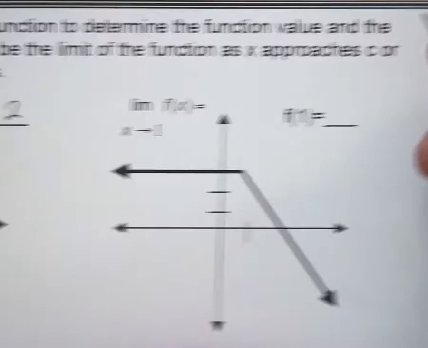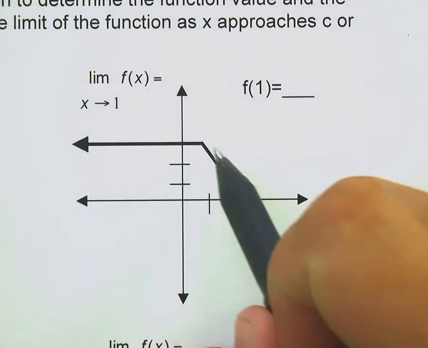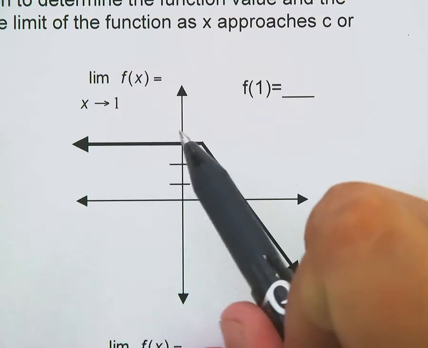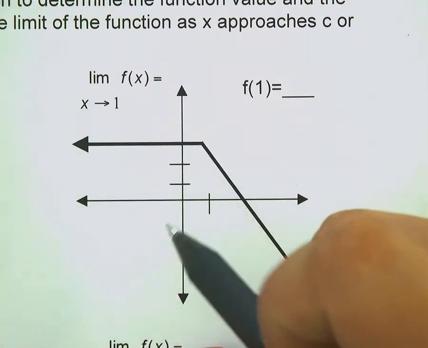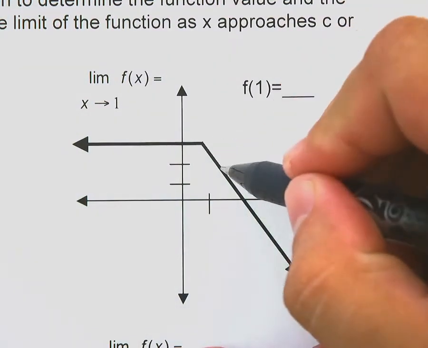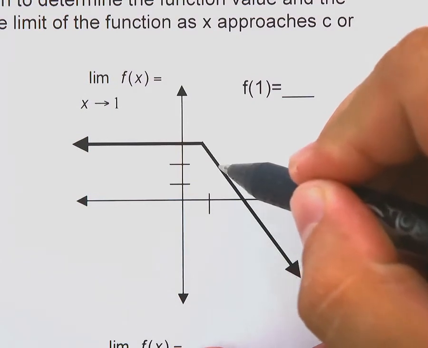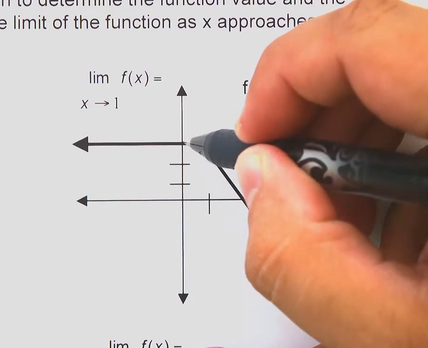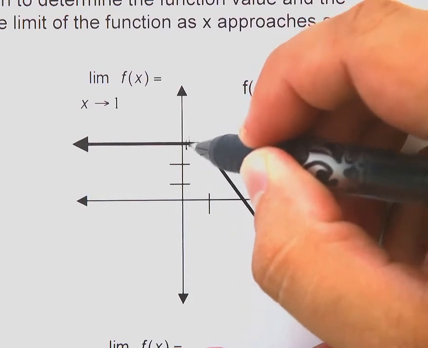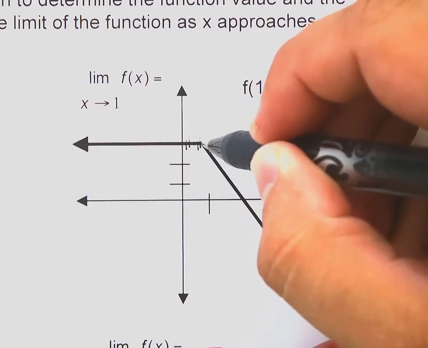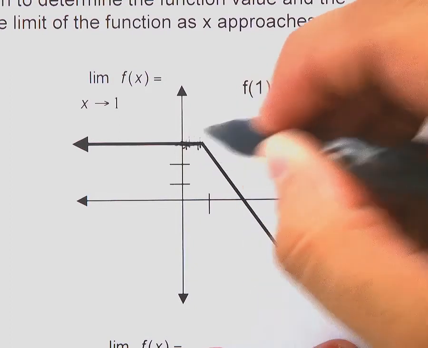How about over here? The limit of this function, now this is a weird one because it's got a little quirk in it, as x approaches 1. As x goes to 1, what does this appear to be approaching? So over here, as x gets really close to 1, what y value is this approaching?